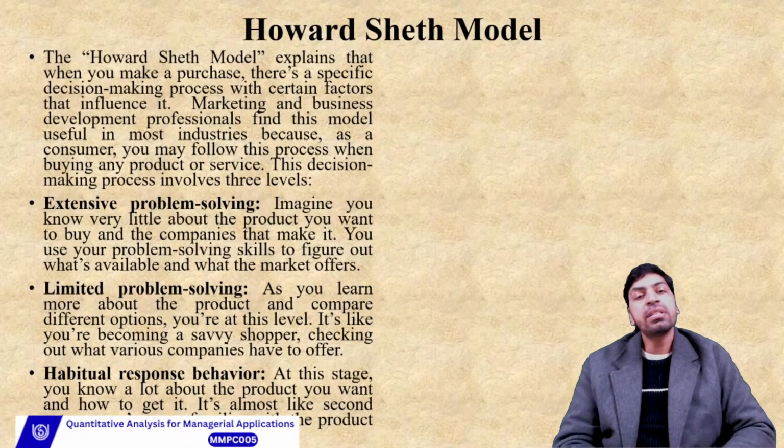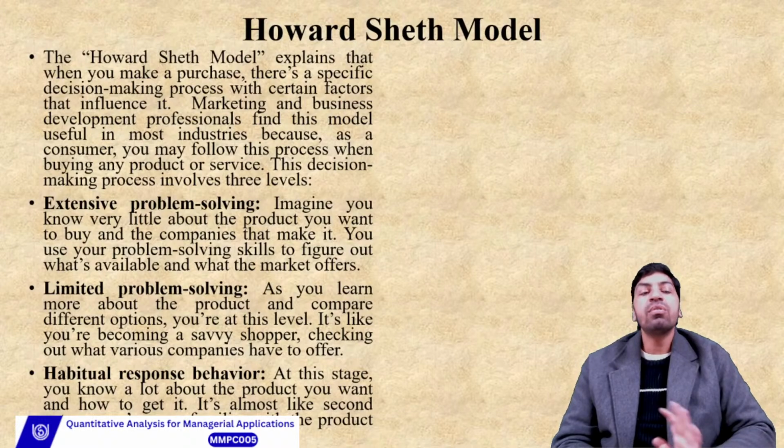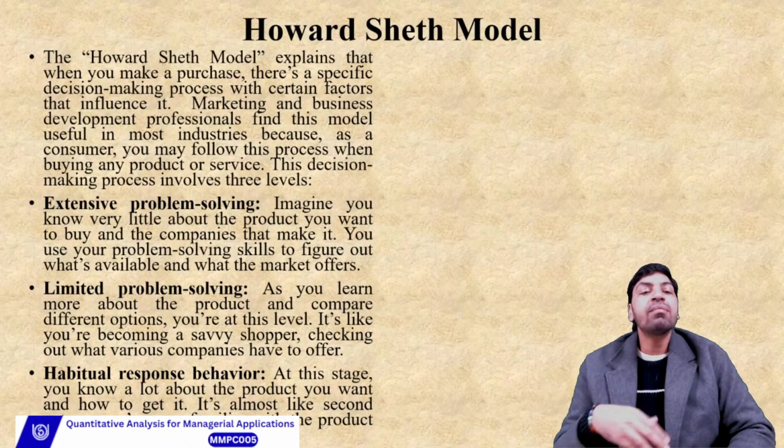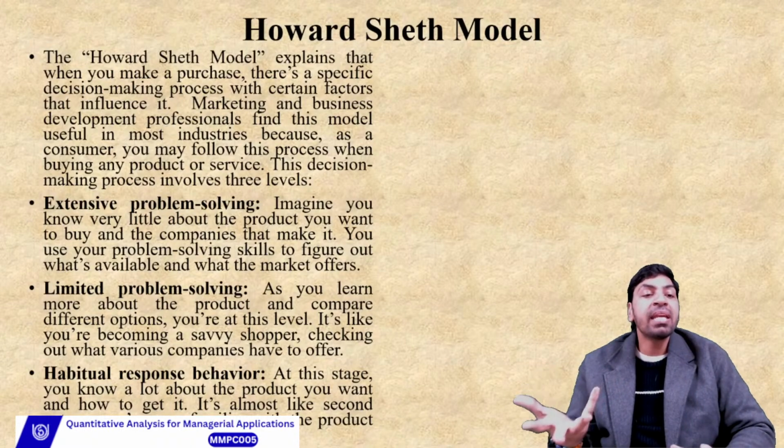Of course, every industry follows this process when making any product and service, and this decision-making process involves three levels: extensive problem solving, limited problem solving, and habitual response behavior. In extensive problem solving, imagine you have very little information about the product you want to buy and the companies that make it.